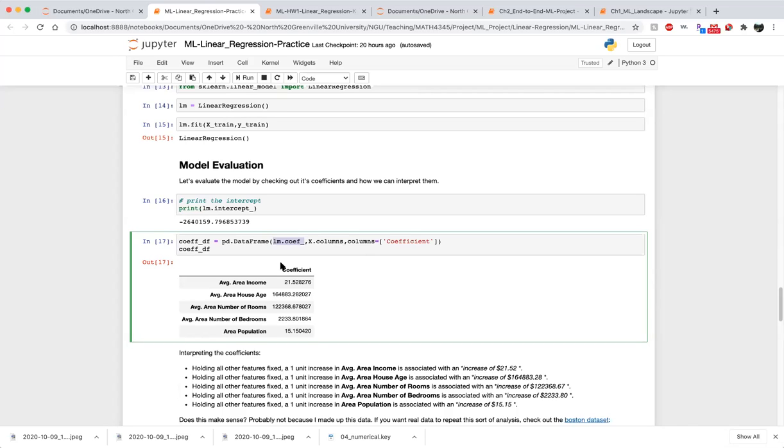So we construct the data frame using lm.coef_, with the columns of X, the features.